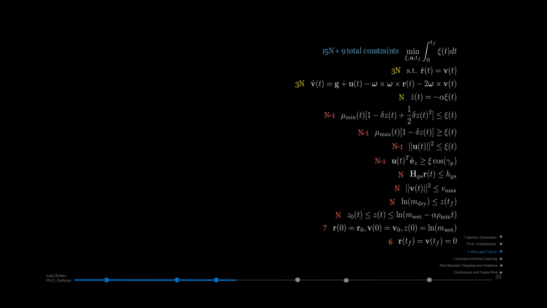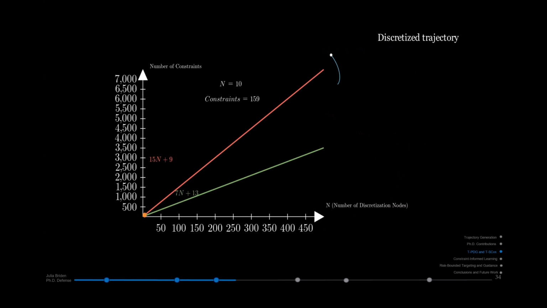And so the first thing we can do is count up the total number of constraints. So n is our number of discretization nodes. And if we count them up, we have 15n plus 9 total constraints. And so as we scale our number of discretization nodes, our number of constraints can grow quite rapidly.